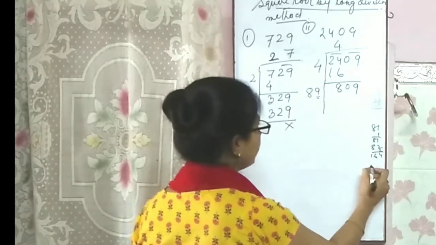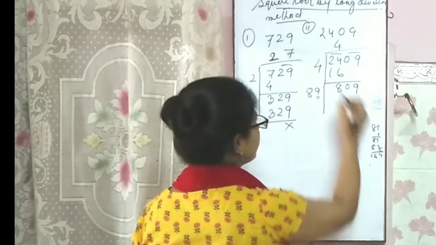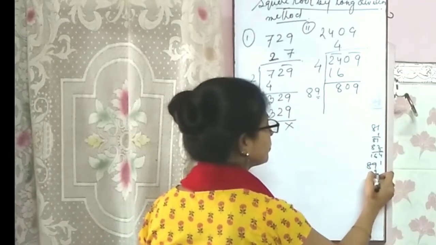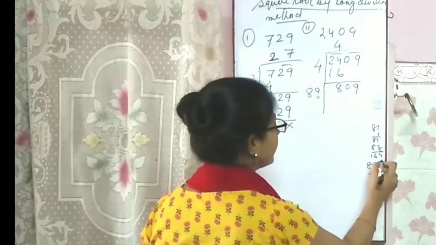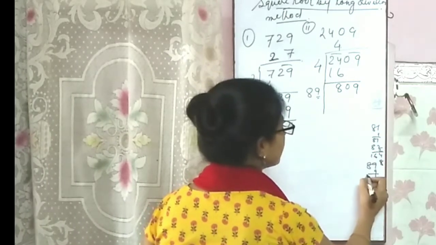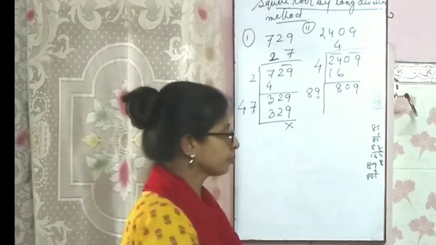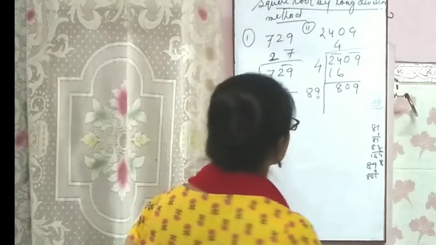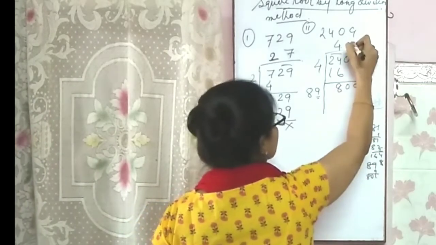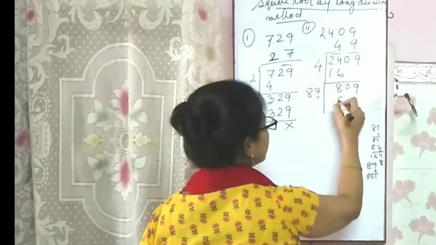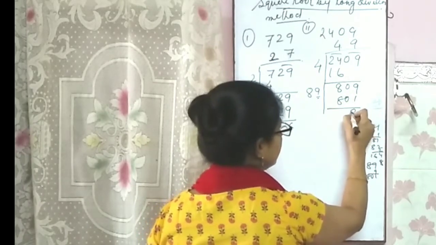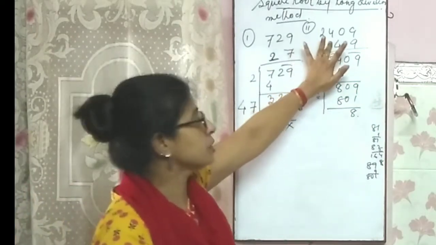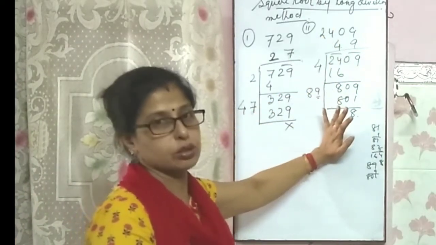If I place 9, then how much would it be? 801. So here it would be 9. So what we have seen, there comes a remainder. So that means this number is not a perfect square.